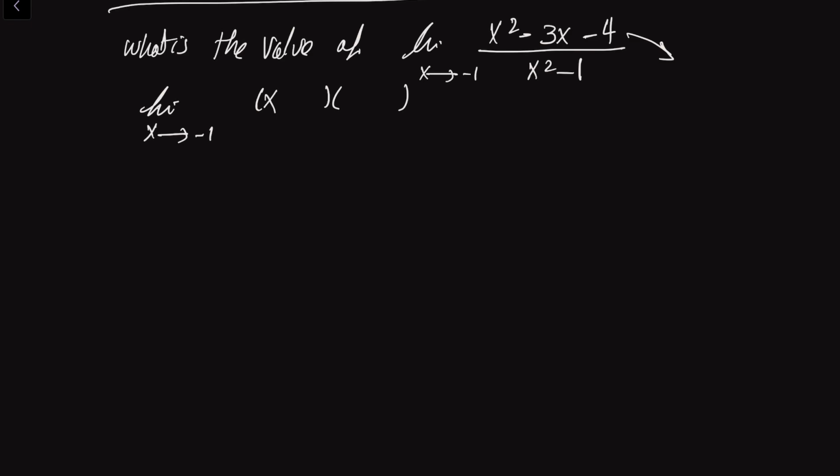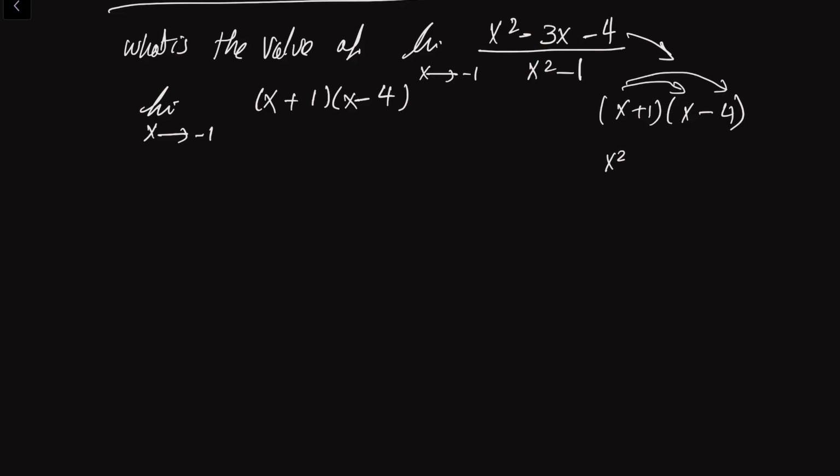Okay, so what are the two numbers? We multiply to get -4, and we add to get -3. So let's try 4 and 1. Let's try plus 1 and minus 4. Let's confirm this: (x plus 1) times (x minus 4). The way to confirm it is just to multiply this.